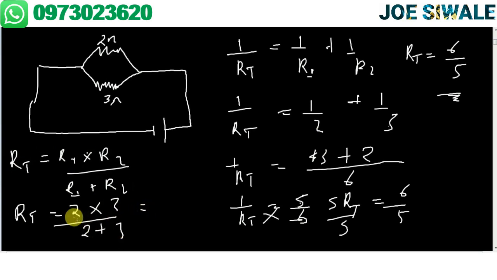So here I'm going to have 2 multiplied by 3, that's 6 ohms, divided by 2 plus 3, that's 5 ohms. So as you can see, this answer and that answer is the same. So you can decide on your own which formula you want to use.